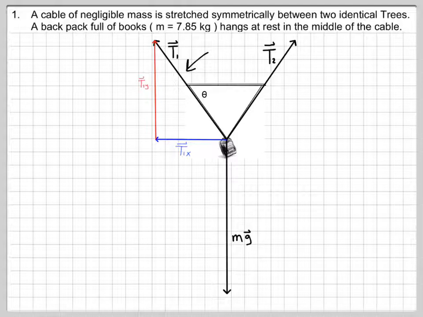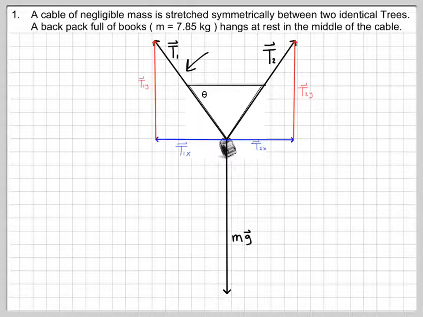So now I'm going to decompose the tension 2 into a blue horizontal and a red vertical. I'm going to label those things as tension 2 in the y dimension, and then tension 2 in the x dimension.